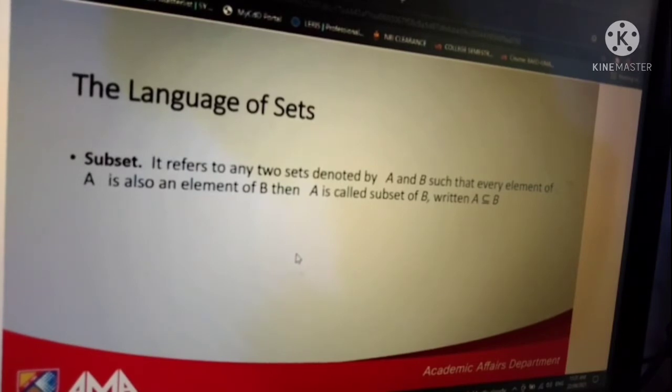Malinaw po. Okay. Basta tandaan ninyo, sa subset, dalawang set yon na may magkaparehas na elements. Kagaya ng in-example ko kanina sa inyo, ulitin ko ulit, yung set A natin, halimbawa, ay brand ng car.